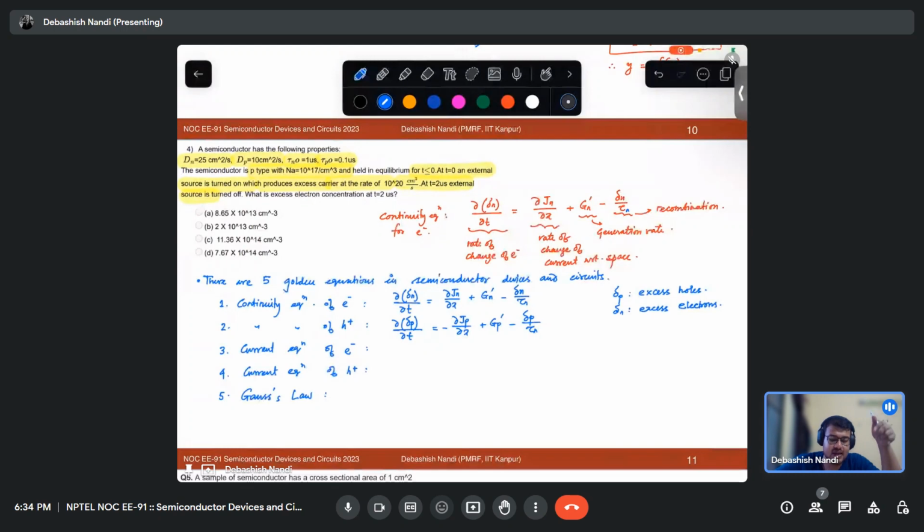You may need to shine some light, or put some bias to create excess electrons and holes. These are the excess part on top of your equilibrium. Doping can happen at equilibrium also, right? I can have a p-type semiconductor and it can be at equilibrium.